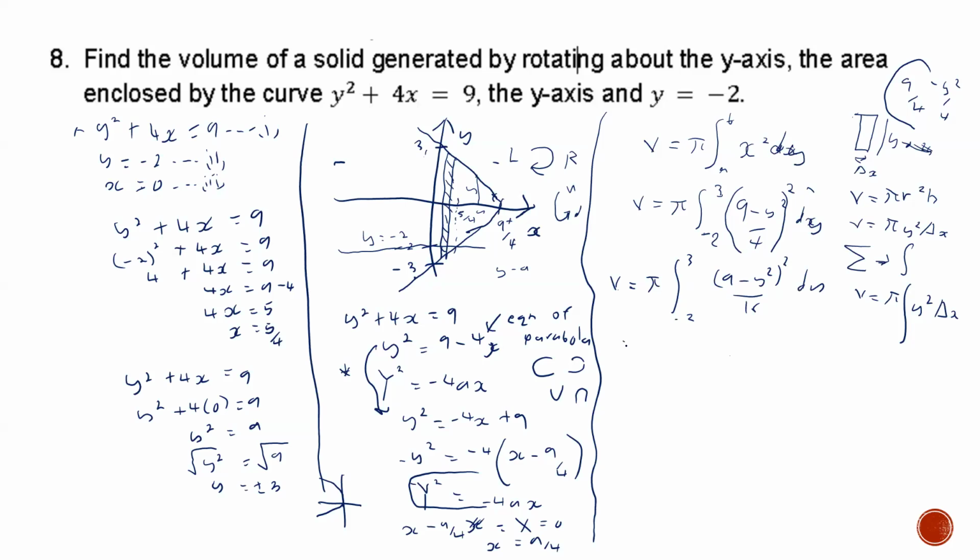So now V is equal to pi over 16 integral from -2 to 3 of 9 minus y squared, squared. This will be 81 minus 18y squared plus y to the power 4 dy.